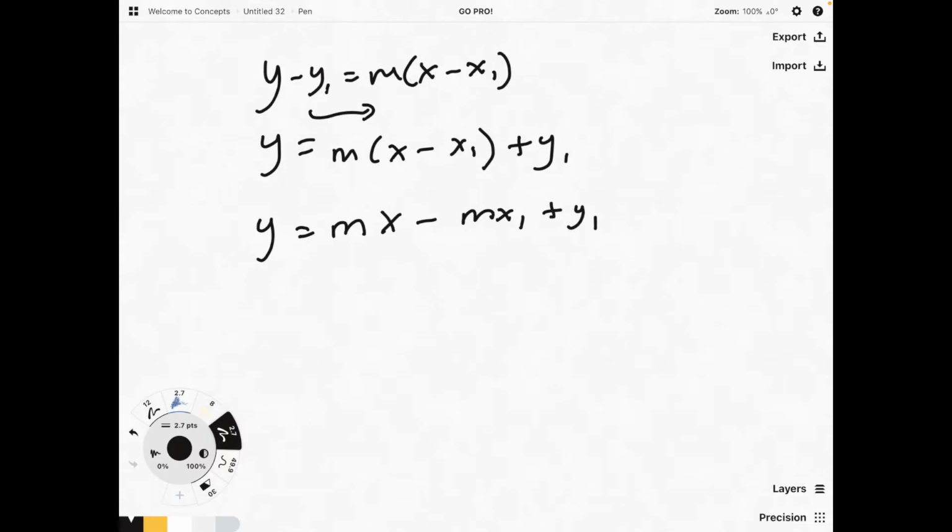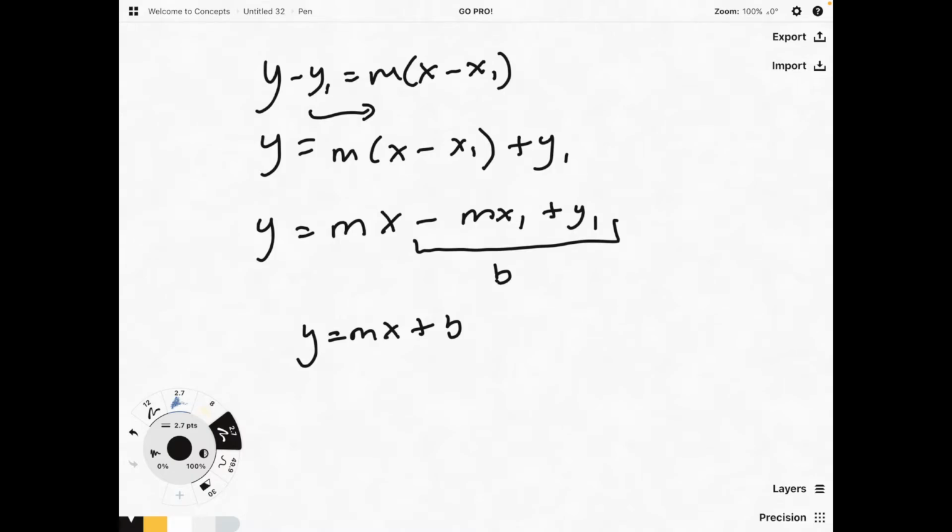And again, you're just substituting this portion here with b. This is then rewritten as y equals mx plus b. Now, this negative mx1 plus y1, or b, is the intercept of the y-axis.